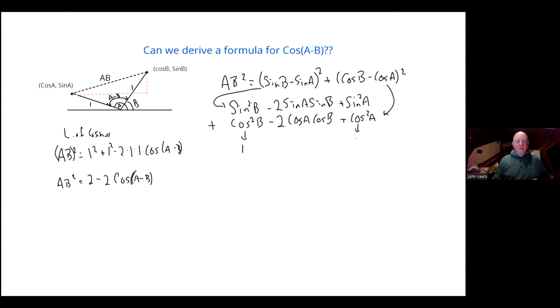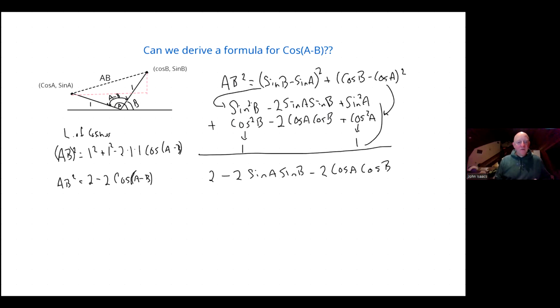Now, these two in the middle don't add together. So 1 plus 1 is 2, and that's going to equal 2 minus 2 sine A sine B minus 2 cosine A cosine B. All I'm doing is adding these two things together, but I've used a trig identity here and here.